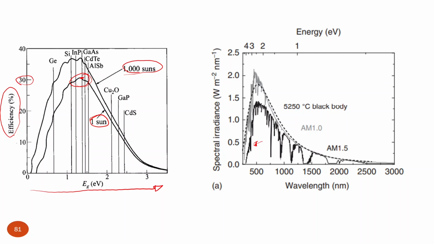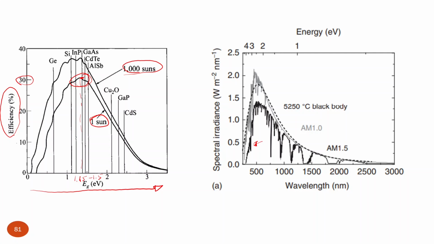And we see that somewhere about 1.45 to 1.5 electron volts corresponds to the highest possible performance of solar cells. So why do we get this? We will not go into discussion of this detailed balance in detail because that probably requires a number of lectures itself. But from a qualitative point of view, we will try to understand this.